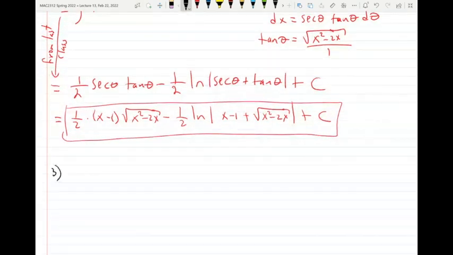And lastly, one more. You may have problems in which you don't even see the radical, even though it's there. That's what I want to show you now. Let's do this integral.